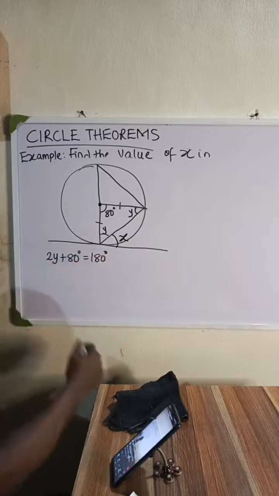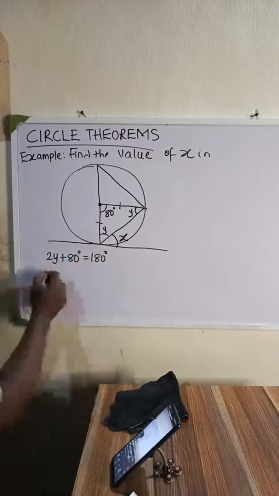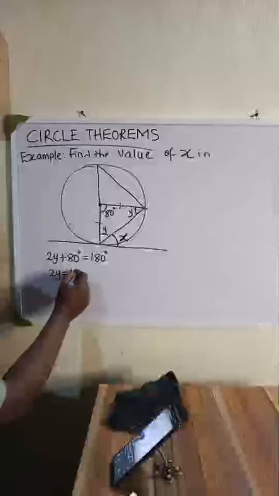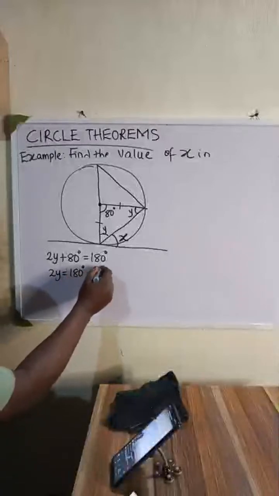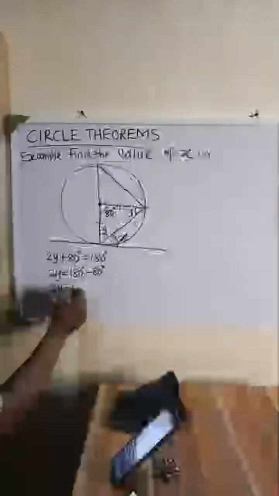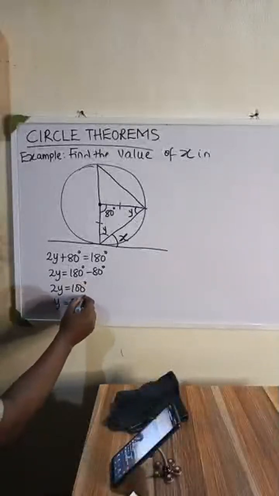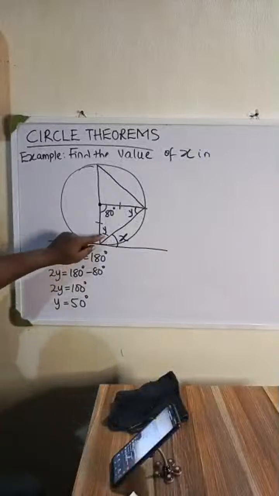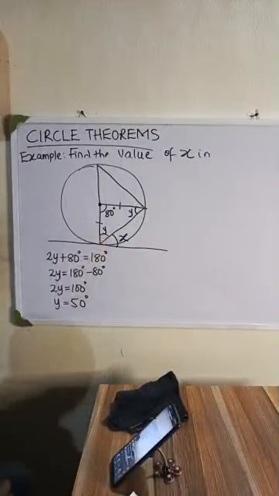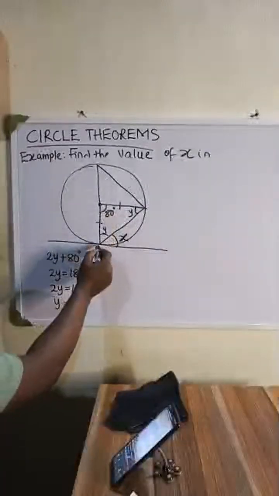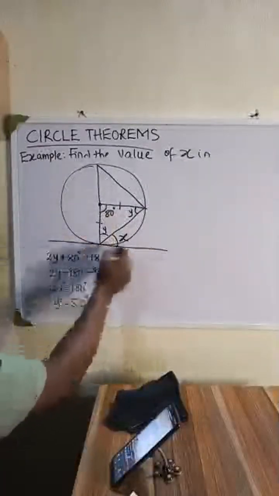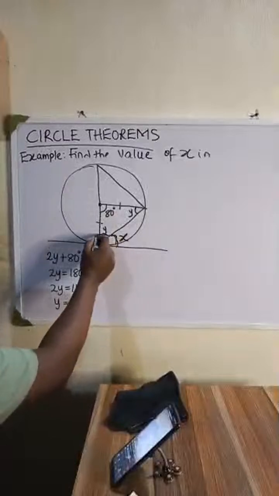Sum of angles in a triangle. 2y is equal to 180 degrees minus 80 degrees. 2y equal to 100 degrees. y is equal to 50 degrees. So this angle here is equal to 50 degrees. But the point where a radius and a tangent meet, they form 90 degrees.